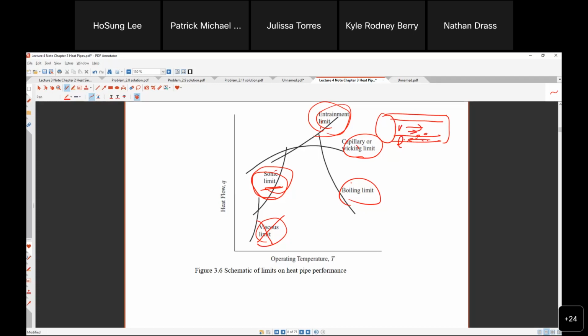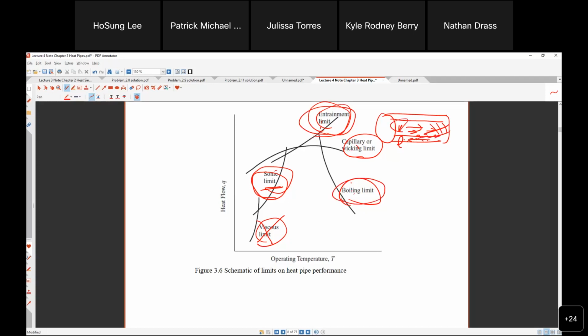This vapor, then it will flood. It is no good. It might happen. Entrainment is the vapor carrying liquid from the wick.